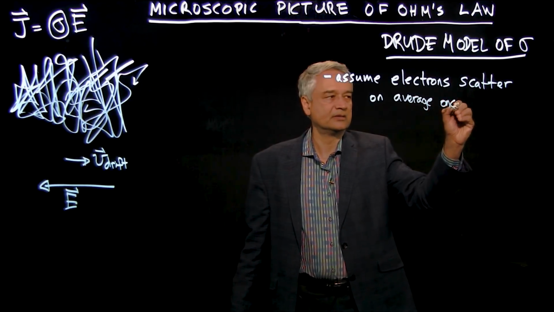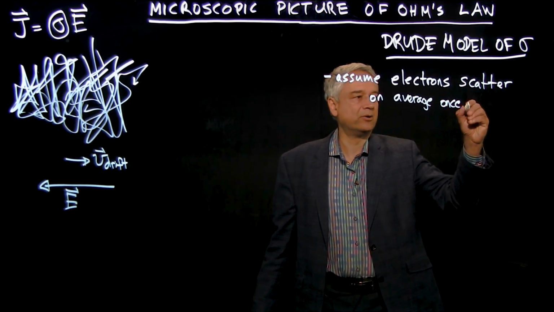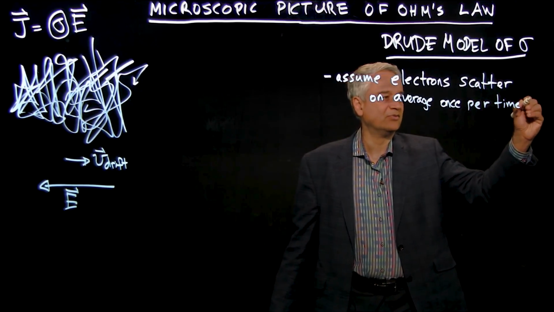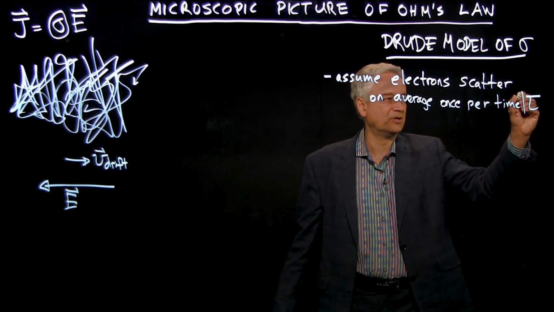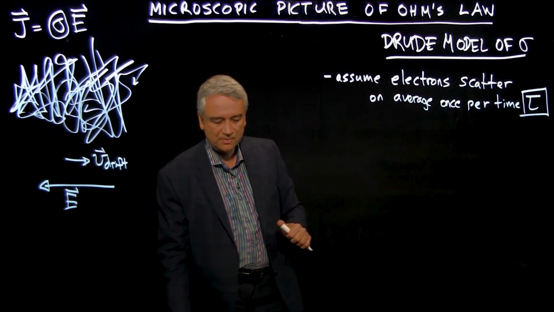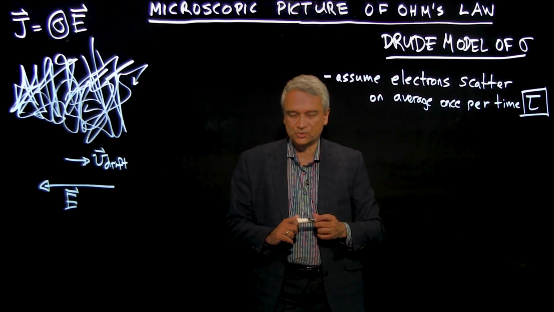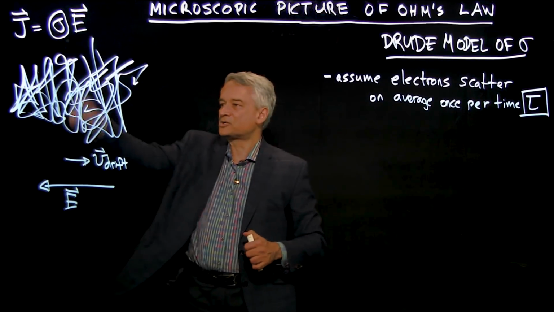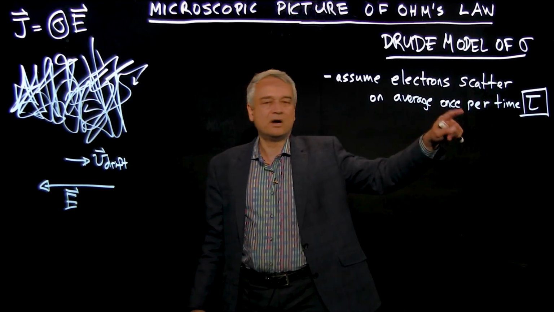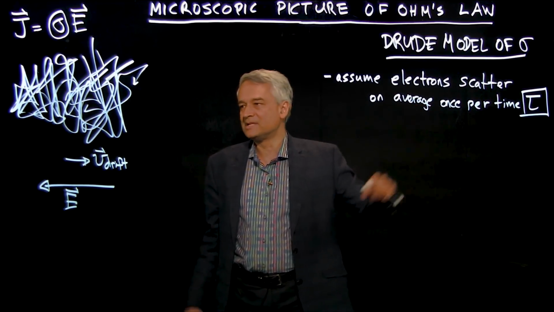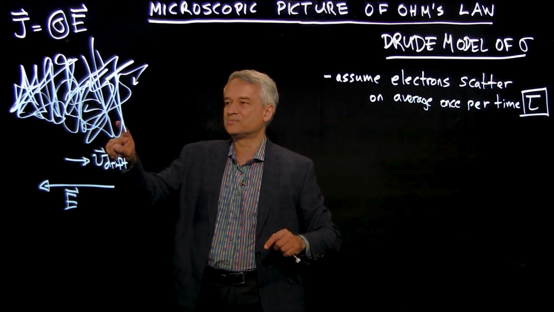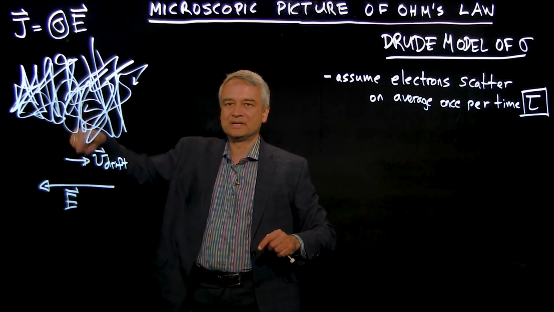So this time tau is a property of the material in question. It's the first of two properties of the material that we're going to introduce. So assumption number one in Paul Drude's model is that these electrons are flying around at some very, very high speed, and on average, once per time tau, they bump into something and scatter.